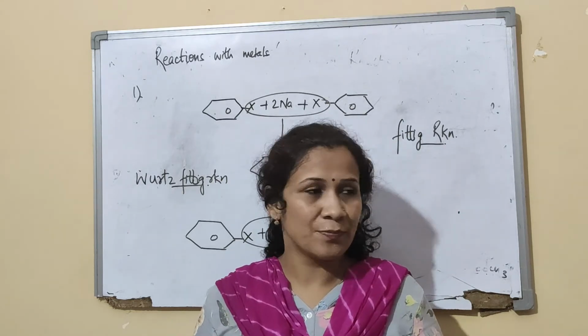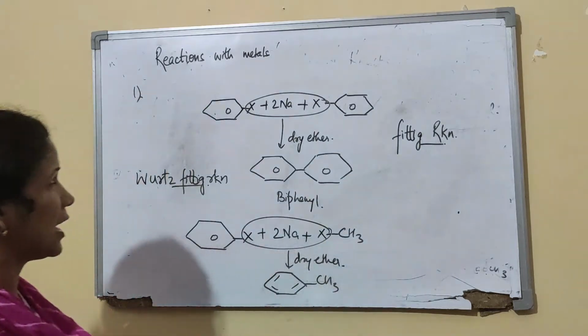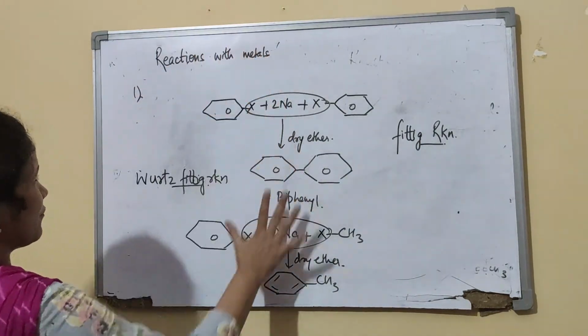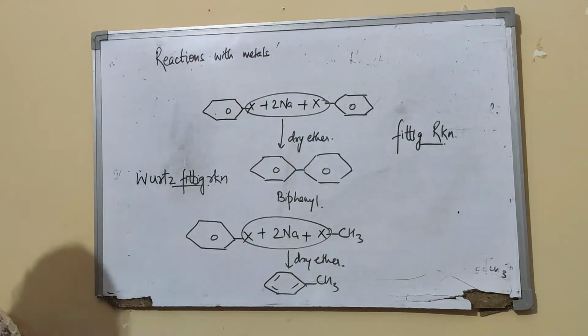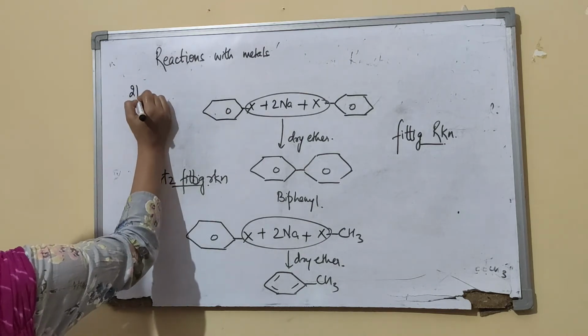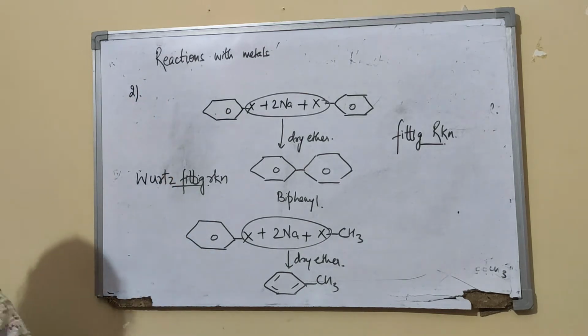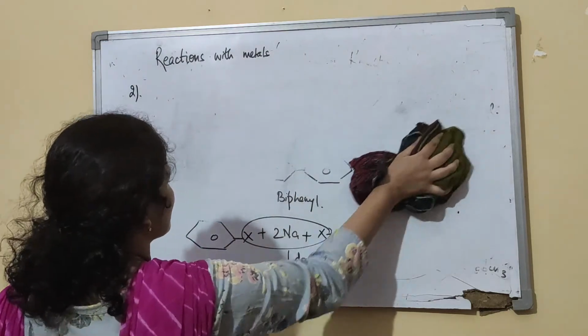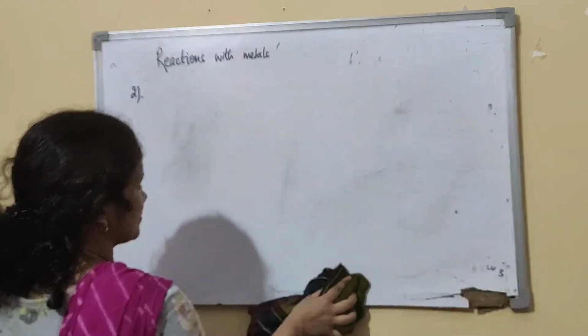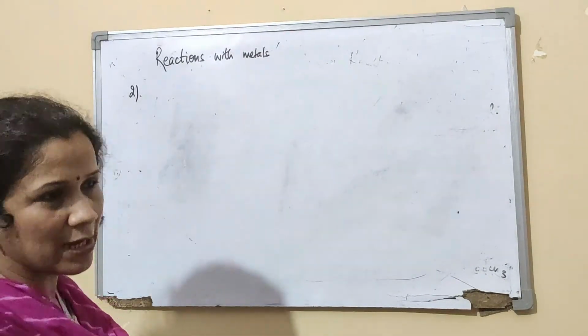Right? So coming to the next reaction, again we continue with this only. This was the first reaction. Coming to the second one. If you treat an alkyl halide with lithium, so you will get alkyl lithium.